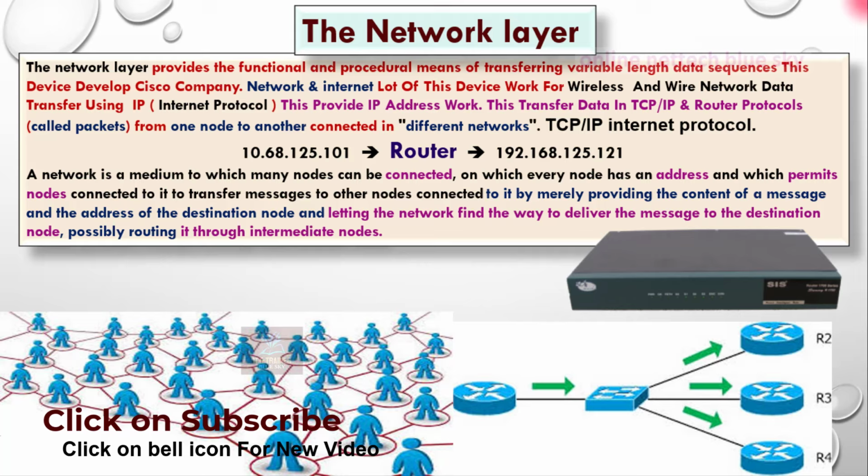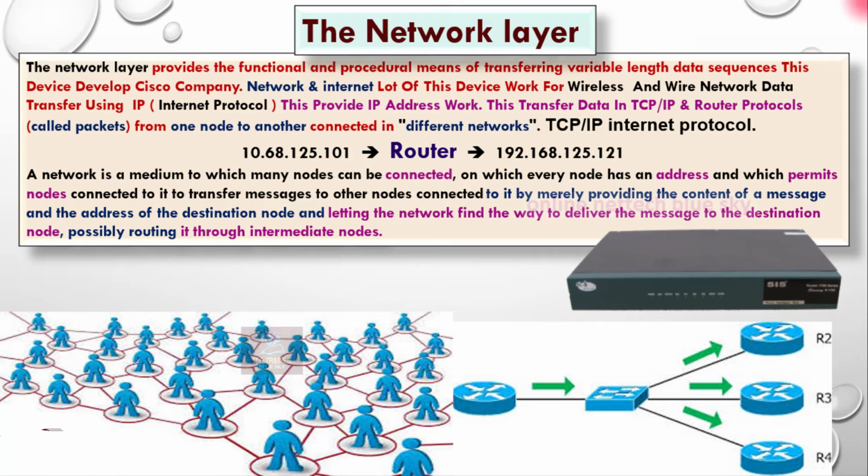A network is a medium to which many nodes can be connected, a way to connect lots of systems, in which every node has an address and which permits connected nodes to transfer messages to other connected nodes. This is how you send your emails, your data, your files, from one connection to another, by merely providing the message content and the destination node address, and letting the network find a way to deliver the message to the destination node, possibly routing it through intermediate nodes.